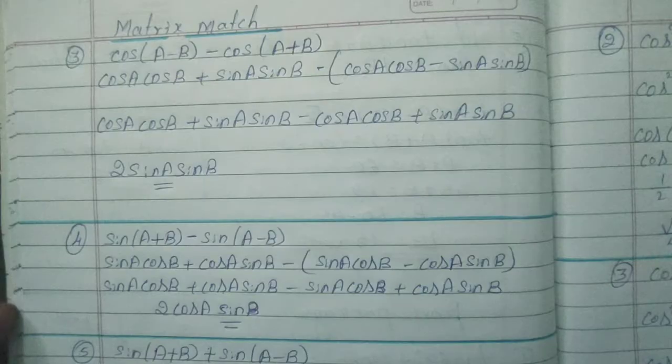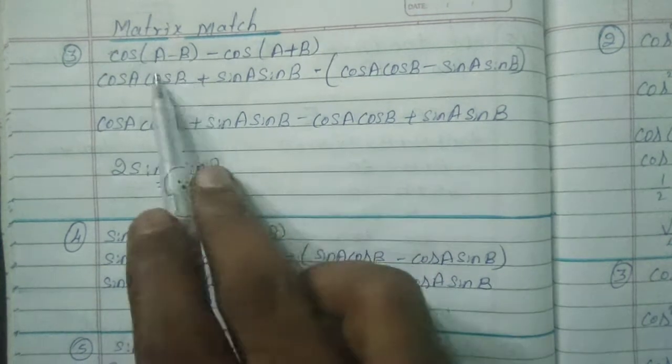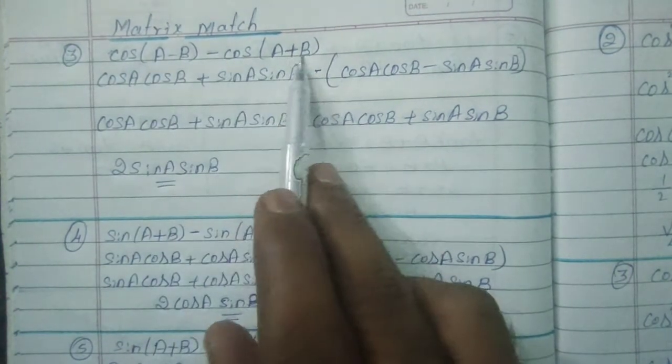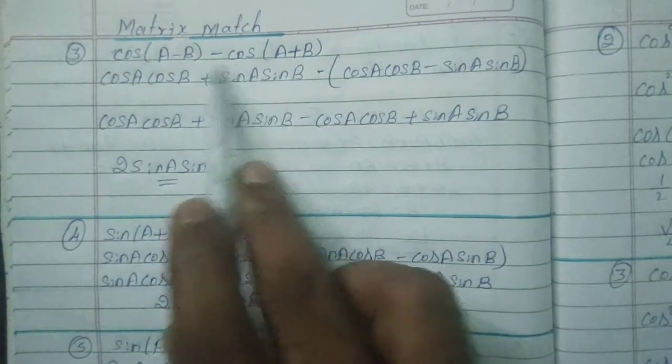Next question, matrix matching. Here cos(A − B) minus cos(A + B). So cos formulas we need to remember.